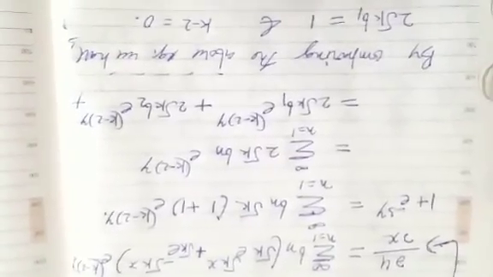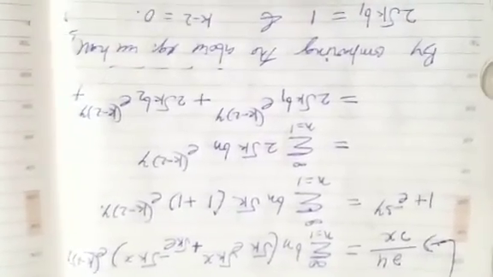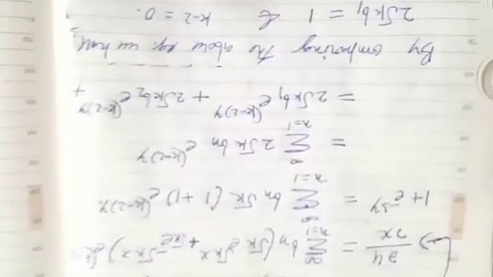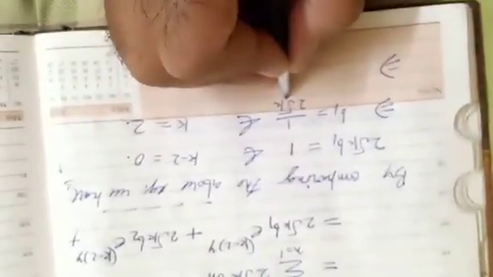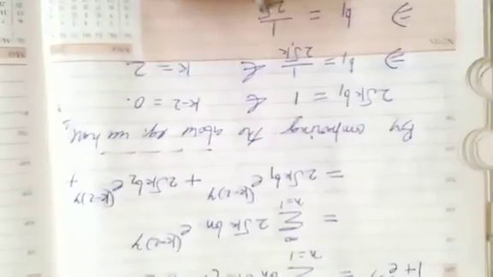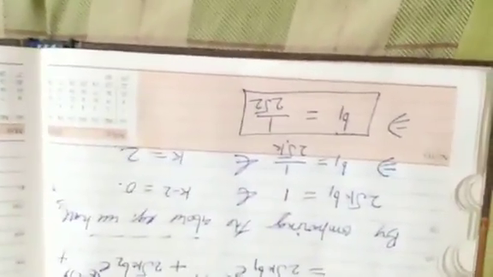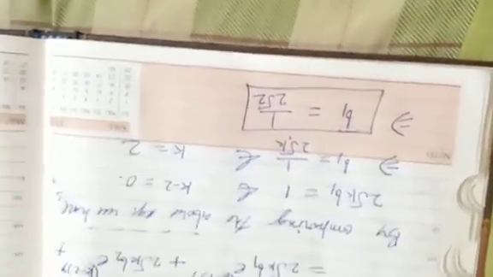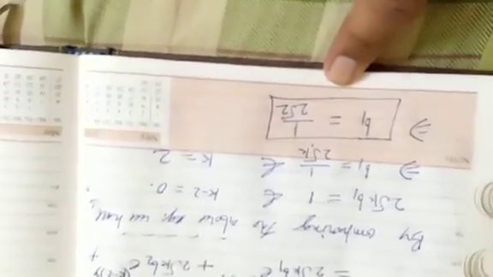This implies that b1 is equal to 1 upon 2 under root k and k is equal to 2. When we substitute the value of k here, this b1 is equal to 1 upon 2 root 2. So when b1 is 1 upon 2 root 2, then the value of k is 2.